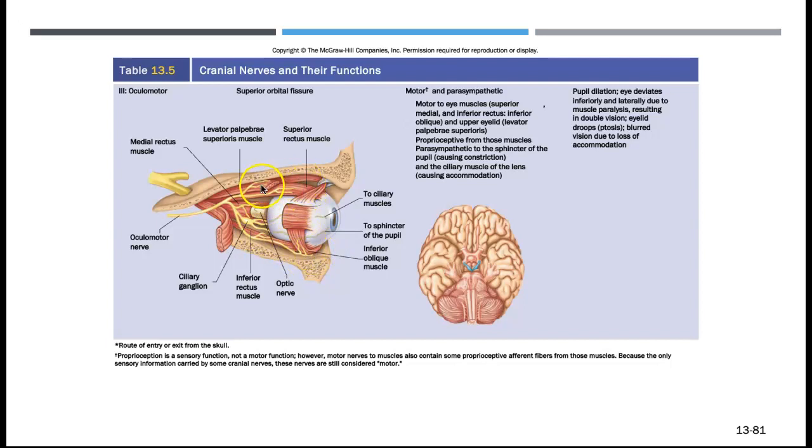We also have it going to the upper eyelid, a muscle known as the levator palpebrae superioris. And then the rest of the muscle fibers are going to go to our sphincter muscles that will be able to control the opening of our pupil, as well as the ciliary muscle for the lens for accommodation.